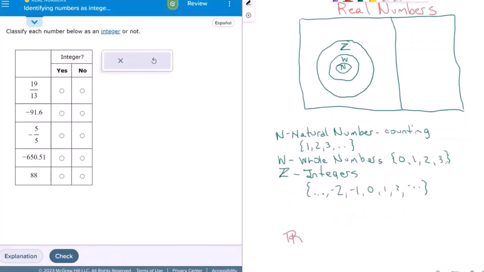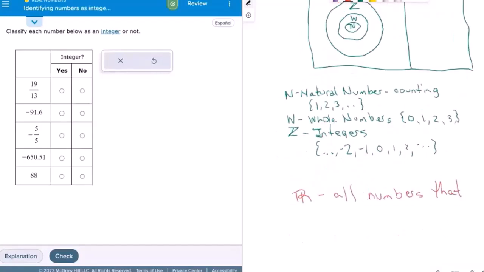Real numbers are all numbers that you can put on a number line.